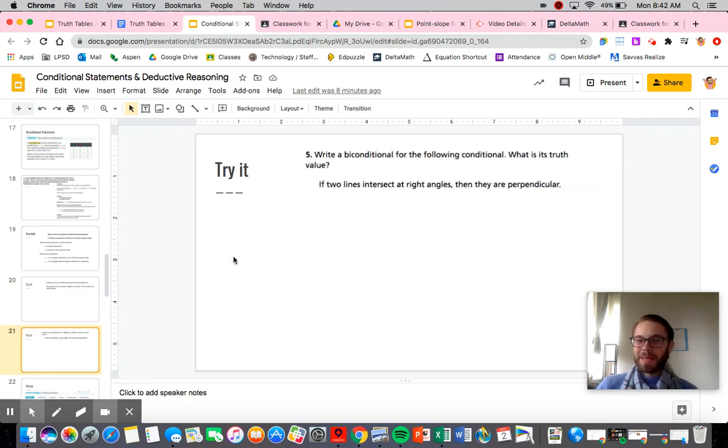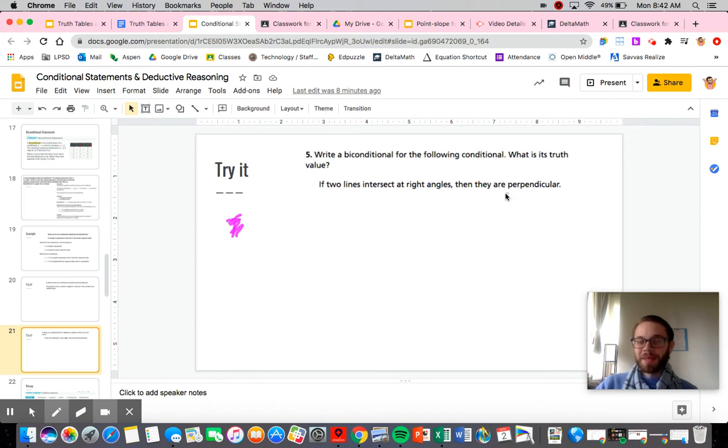Write it as a conditional, and then we're going to determine the truth value. So again, let's do one quick more. We're writing it as a biconditional.